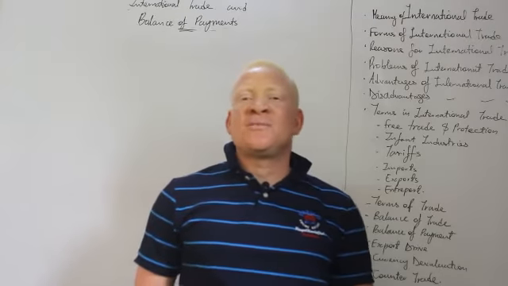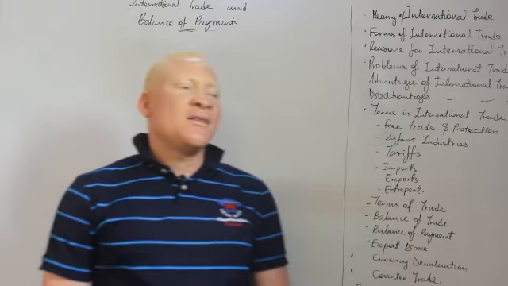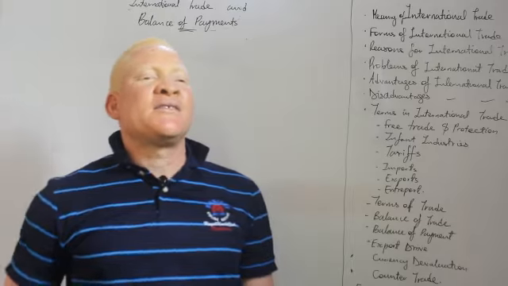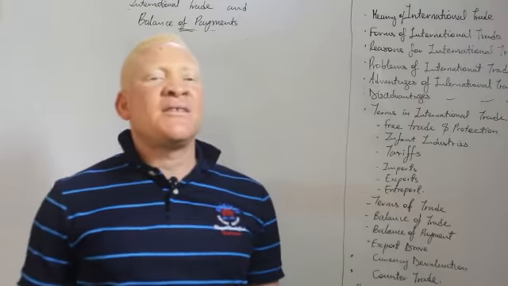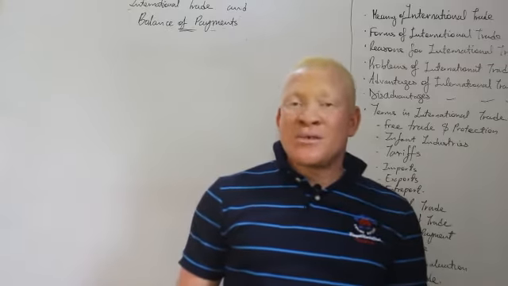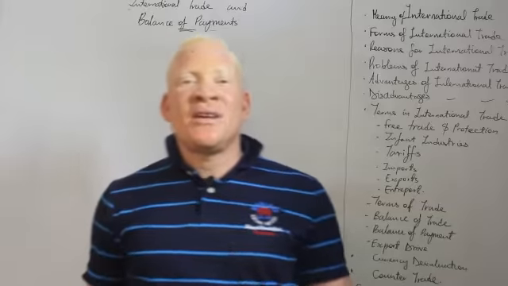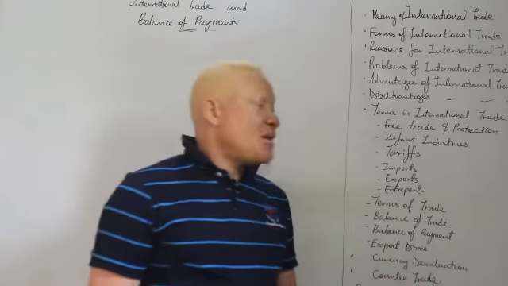When we say redistribution of resources, we are talking about one of the reasons for international trade, which says that resources are not distributed equitably. Then international trade enables those unevenly distributed resources to be distributed from the surplus areas to the deficient areas.